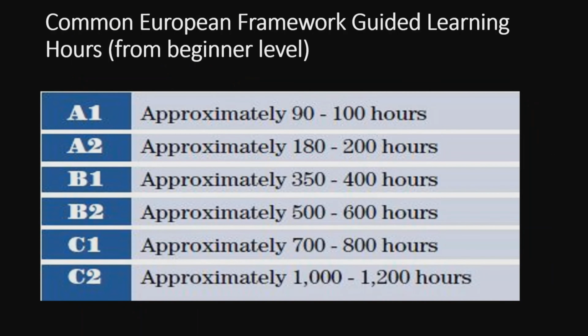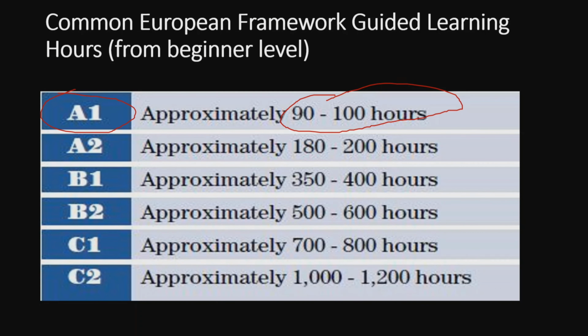So as I told you in the intro, the Common European Framework has guided learning hours: from beginner level, you need to learn how many hours are required to reach from one level to another. For example, to reach the basic level, that is A1, a person needs approximately 90 to 100 hours.